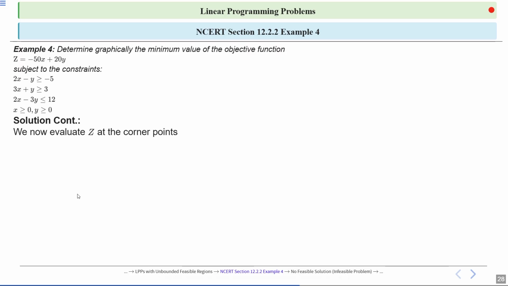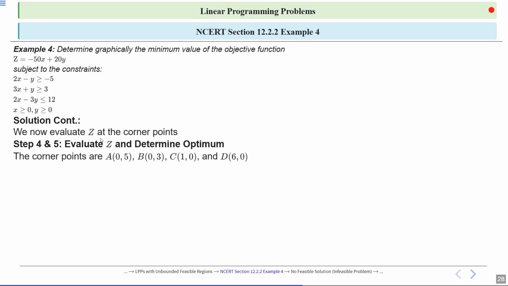So we now evaluate Z at the corner points. Steps 4 and 5 are evaluating Z and determining the optimum. The corner points are A (0, 5), B (0, 3), C (1, 0) and D (6, 0). So we evaluate Z equals minus 50x plus 20y at these points.